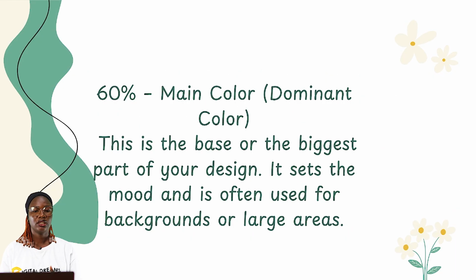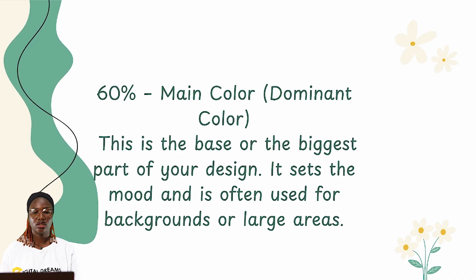So 60% here is known as the dominant color. It is the main color. This is the base or the biggest part of your design. It sets the mood and is often used for background or large areas. When you're making a design, the background color makes up the 60%, because that is usually the biggest color.